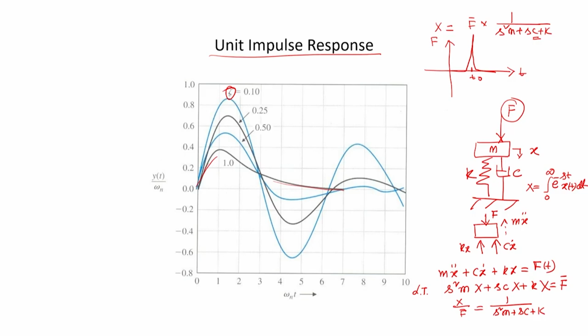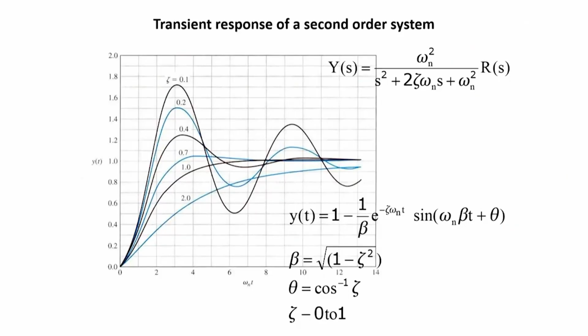The damping ratio zeta is defined as C over Cc, that is C over 2 root km, and corresponding to a zeta value of 1 there will be no oscillation, and as the zeta value becomes lower and lower, the impulse response will show a lot of oscillations in the system. Now, this is an impulse response.